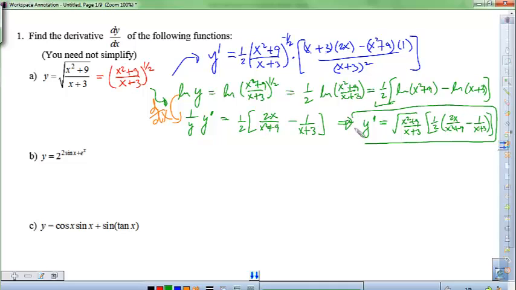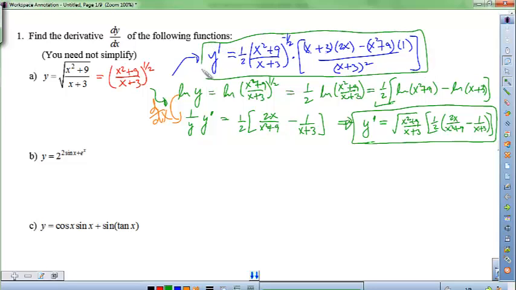So this is your answer for this problem. You also could have had this as an answer. Either of those would work.